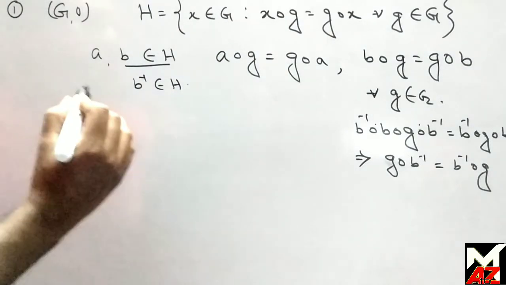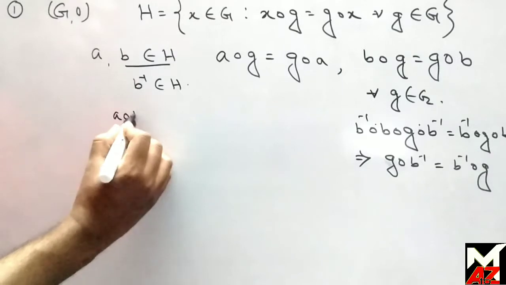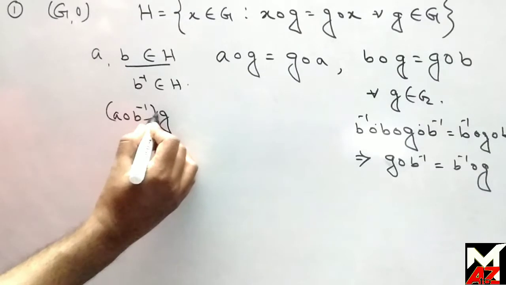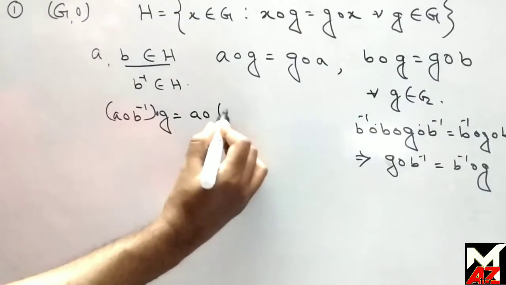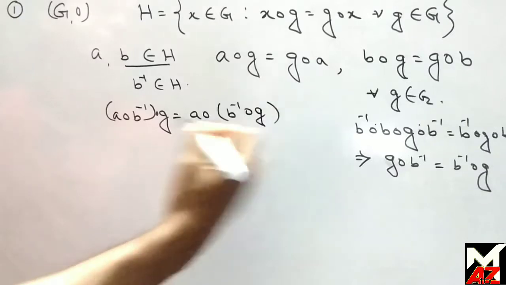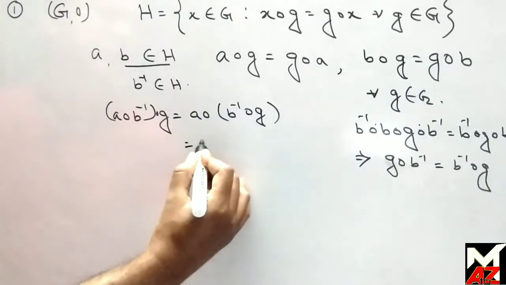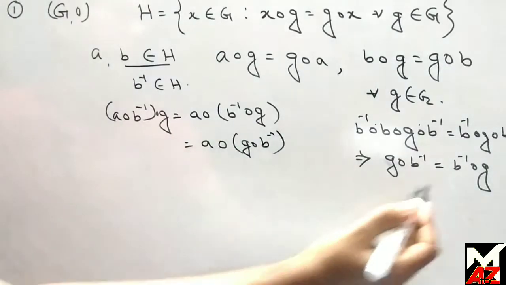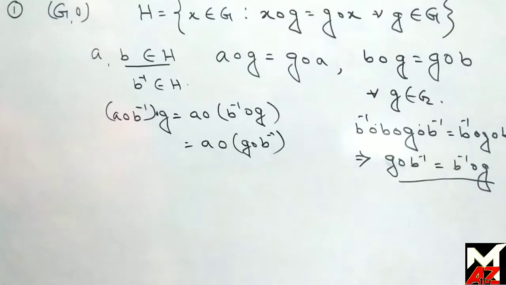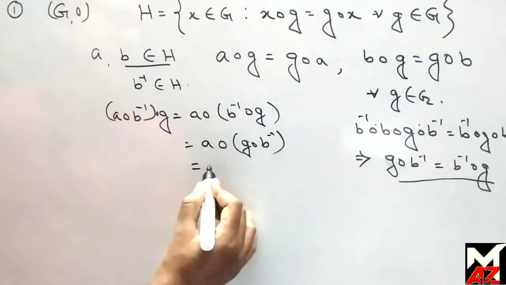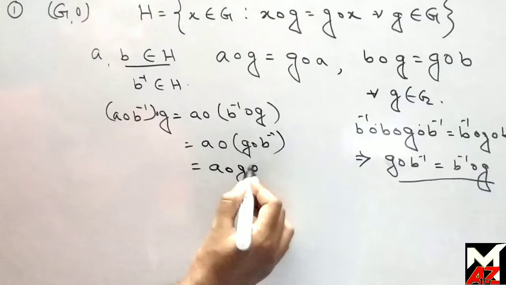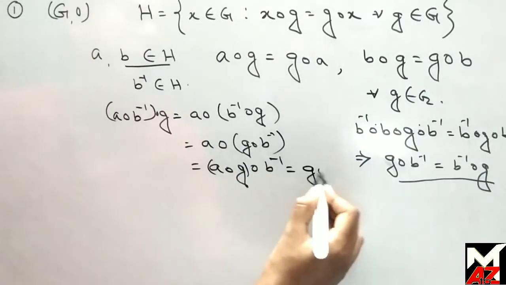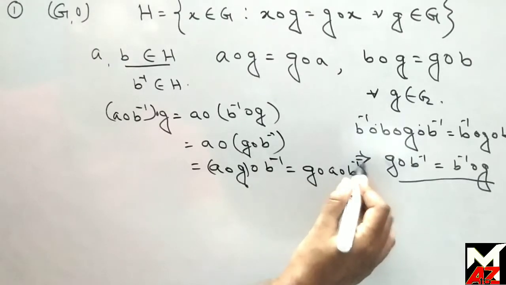Now we start with the relation a composition b inverse composition g. This is a composition g composition b inverse because of this, and this gives a composition g composition b inverse, and this is equal to g composition a composition b inverse.